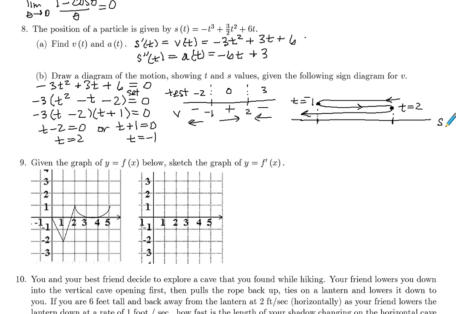So here we're looking at position, not velocity. So we're going to take the t values and plug them back into the original function. Okay, so we're going all the way back here. So plug in negative 1, we're going to do negative of negative 1 cubed, and then plus 3 halves times negative 1 squared, and then plus 6 times negative 1.